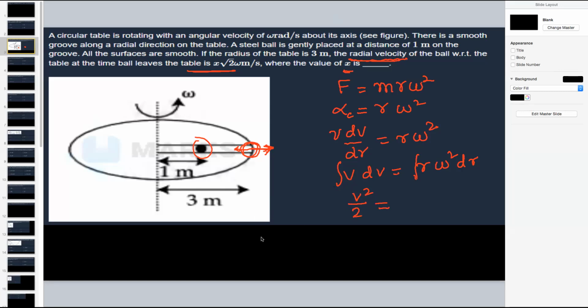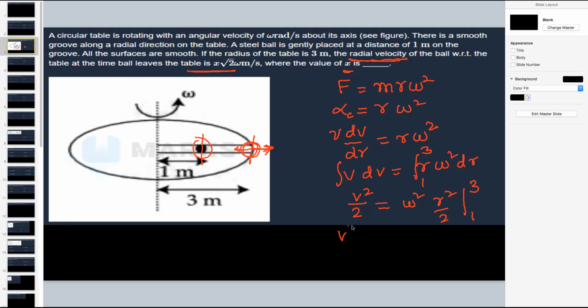This is equal to the integration of r omega square dr. The integration limits are from 1 meter to 3 meter. Omega square is the constant. This is r square by 2, with the integration limits from 1 to 3.